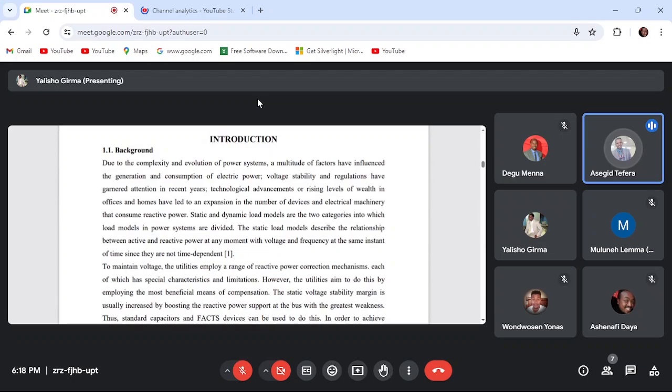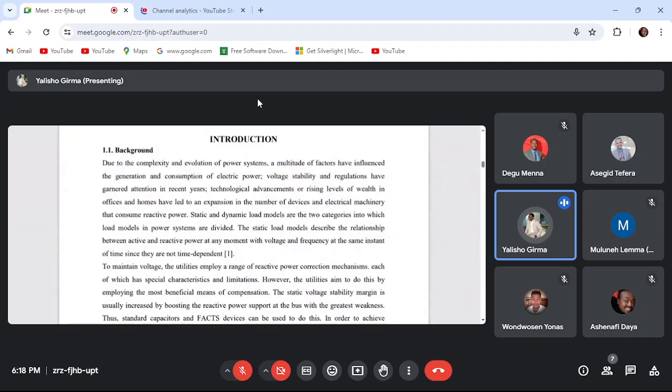Okay, they use capacitor banks. Yes. What is its rating? You haven't mentioned anything about that. If there is something related with the reactive compensation, you have to see whether that is reliably operating or not, whether it is effective or not.